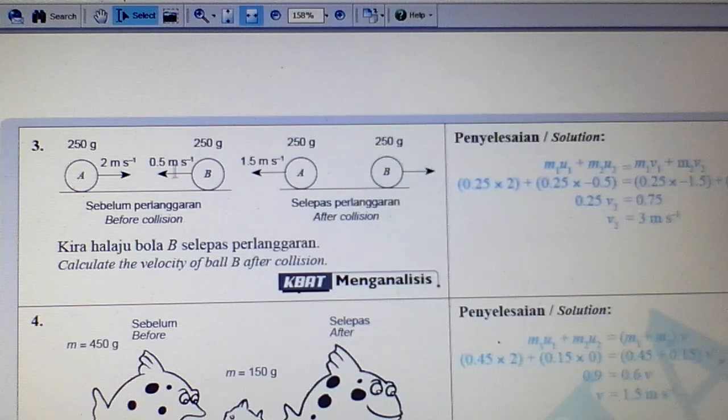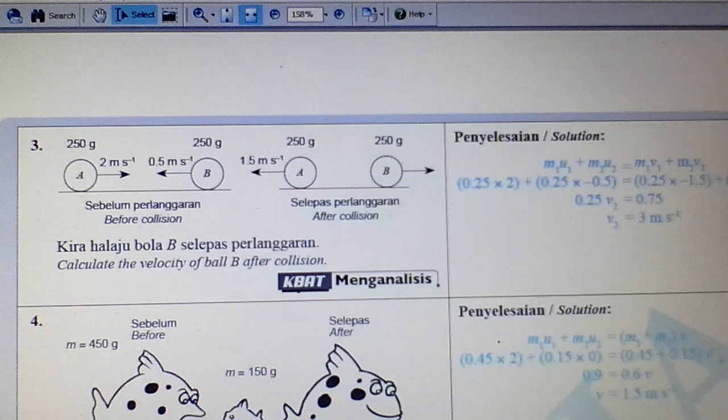You can see direction is negative to the left, so put a negative sign. If you don't put the negative sign, your answer will be wrong. Okay, m1 v1, look at A again, moving to the left, so you must put a negative sign. For B, we can assume to the right, so don't put any sign for v2.